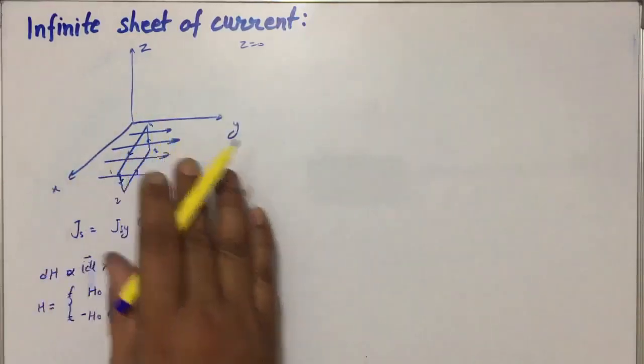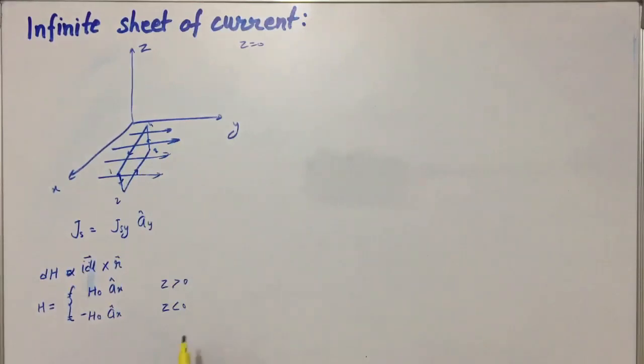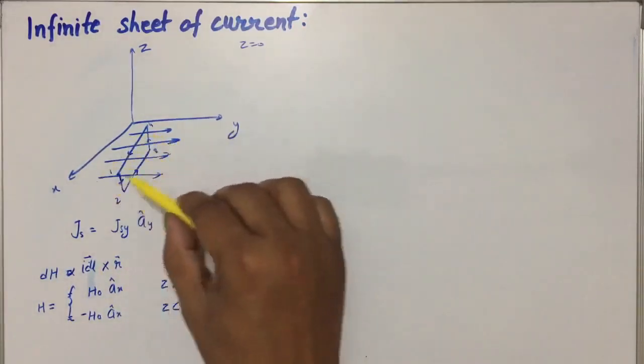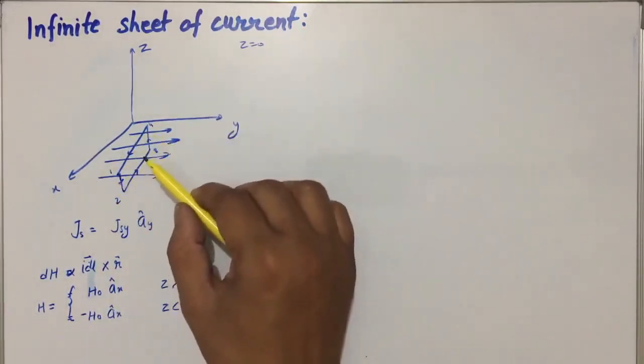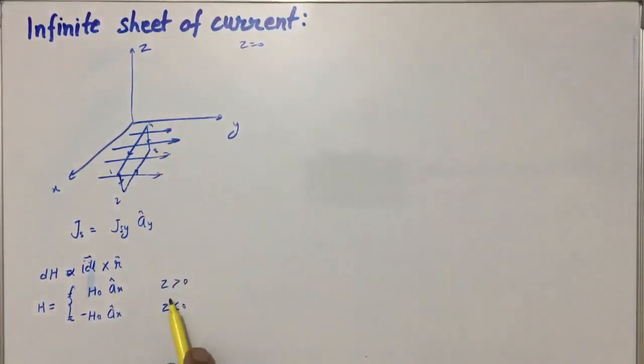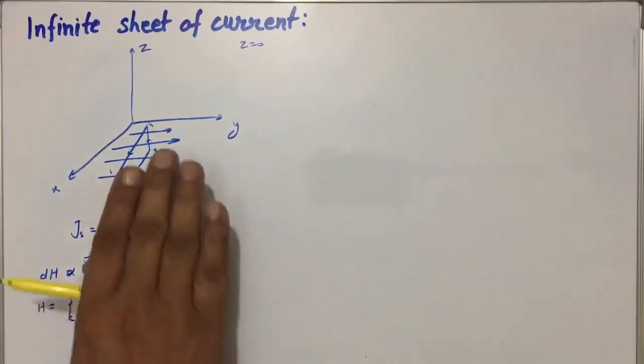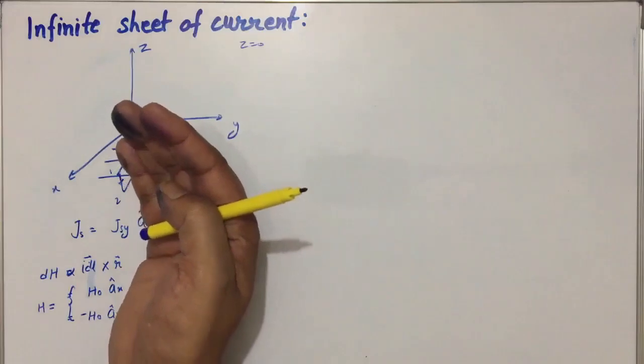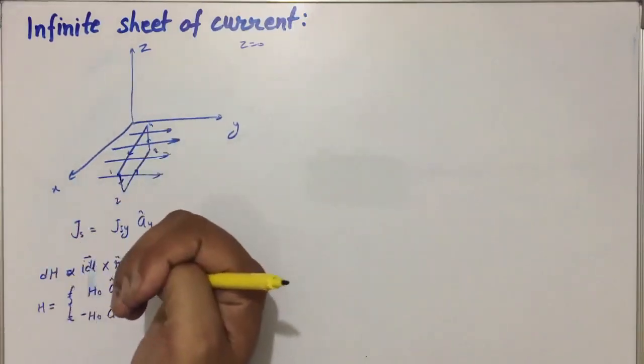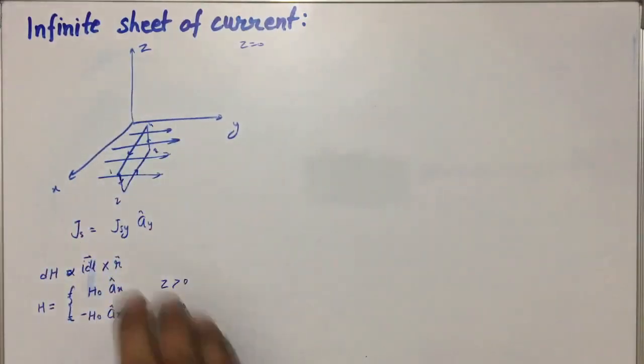So when z is positive, where z means the point of interest at which we have to find the magnetic field intensity, the direction of the field will be x. When it is less than 0, it should be minus x. So one thing becomes clear from here.